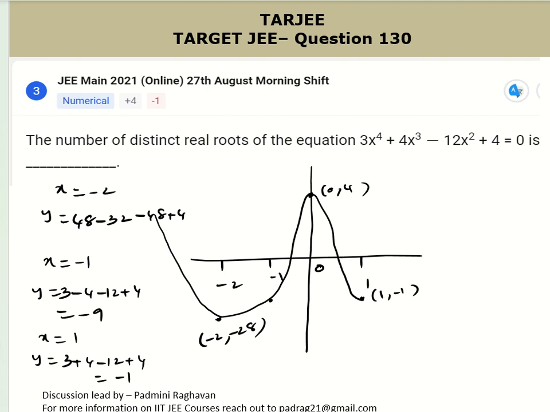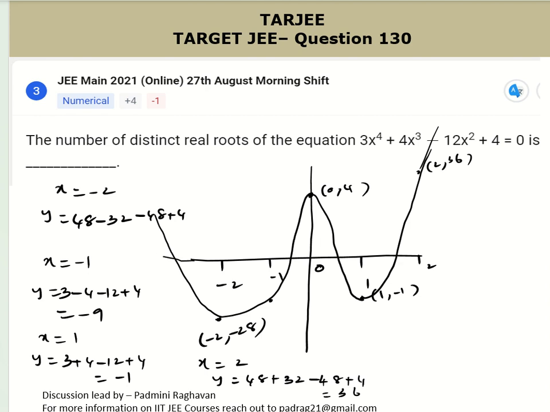I think x = 2 should be sufficient for me. Let me find the y value: 3 into 16 is 48, plus 8 fours are 32, minus 12 fours are 48, plus 4. You can see this is equal to 36. So at 2 the y value is some large number. The diagram is not to scale. The graph keeps on going upwards.